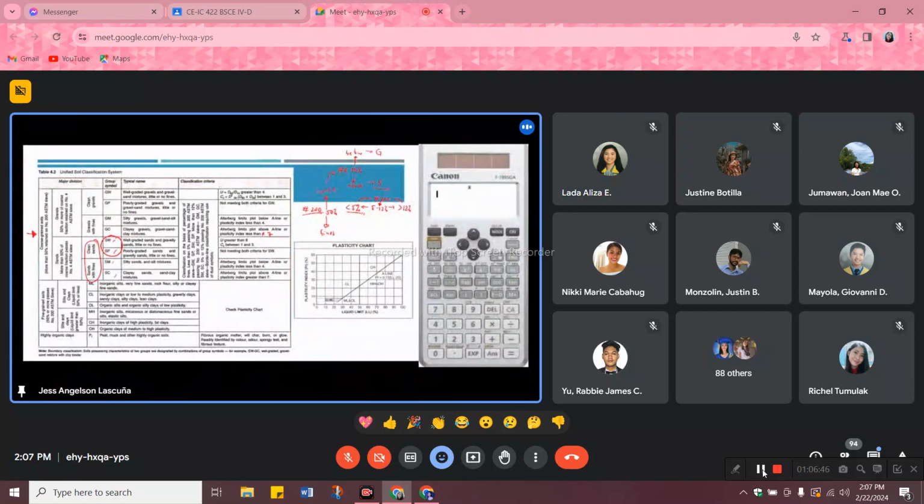Right now we determine if it is well graded or poorly graded. These are the gradation requirements, and then the Atterberg requirements.